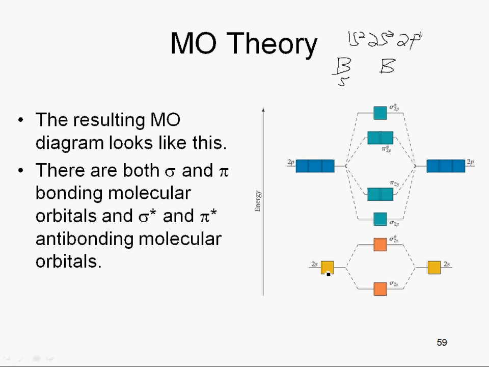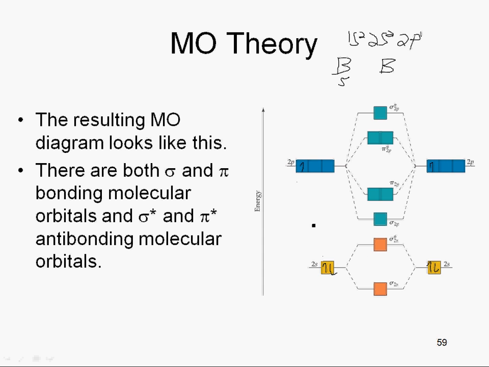So let me draw these arrows in as they are, right? They would be for boron like this, and they would be for the other boron like this, and these are representations of the orbitals. And then the 2p, you'd have 1 up. Now, I tend to draw these diagrams with the 1 up, but I saw a hint on the previous slide that they like to draw it down, but we'll figure that out.